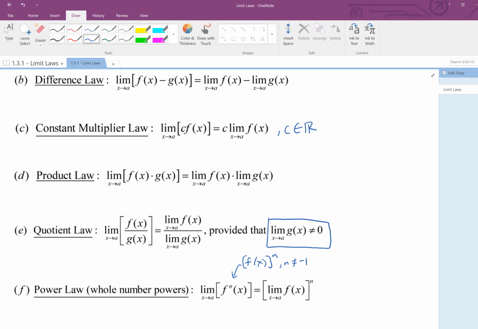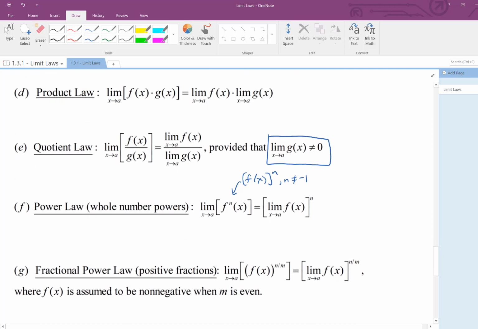Then if I take the limit of a whole number power of a function, that's the same thing as taking the limit as x goes to a of f of x, the limit itself, the one that exists in the first place, and raising it to the power n.